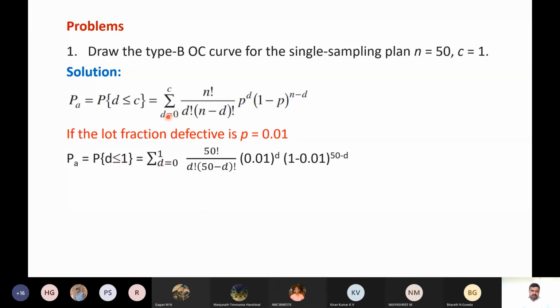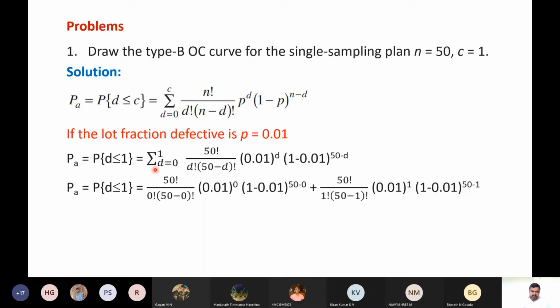So substitute D from 0 to C as 1. N is 50 and p is 0.01. Next, 1 minus p means 1 minus 0.01, raised to N. D can be 0 or 1, since it is a summation of D from 0 to 1.